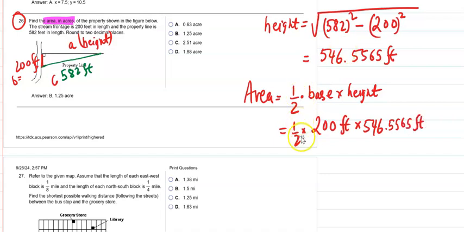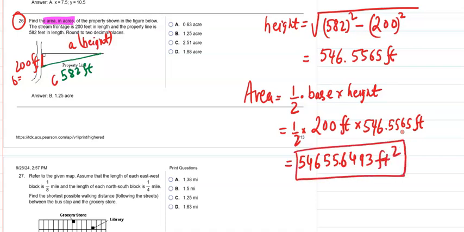If you multiply half times 200 times 546.5565 feet, you get 54655.6493 feet square. That's the area of this property in square feet.